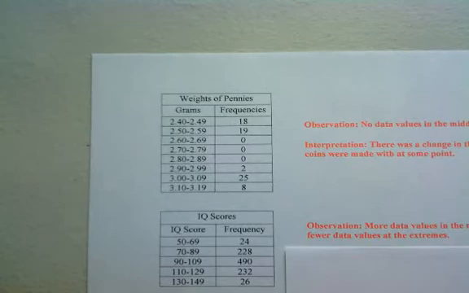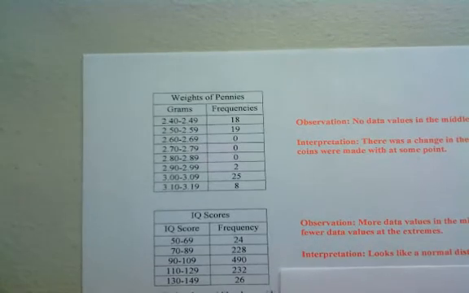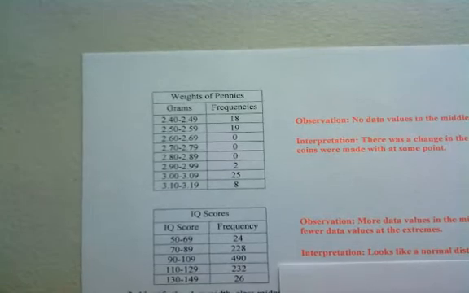There's a lot more data in the middle and much fewer on the extremes, and this looks a lot like what you would expect a normal distribution to look like. So, a couple of examples, and again, part of the whole point of creating a frequency table, a frequency distribution, is so that you can make interpretations about it.